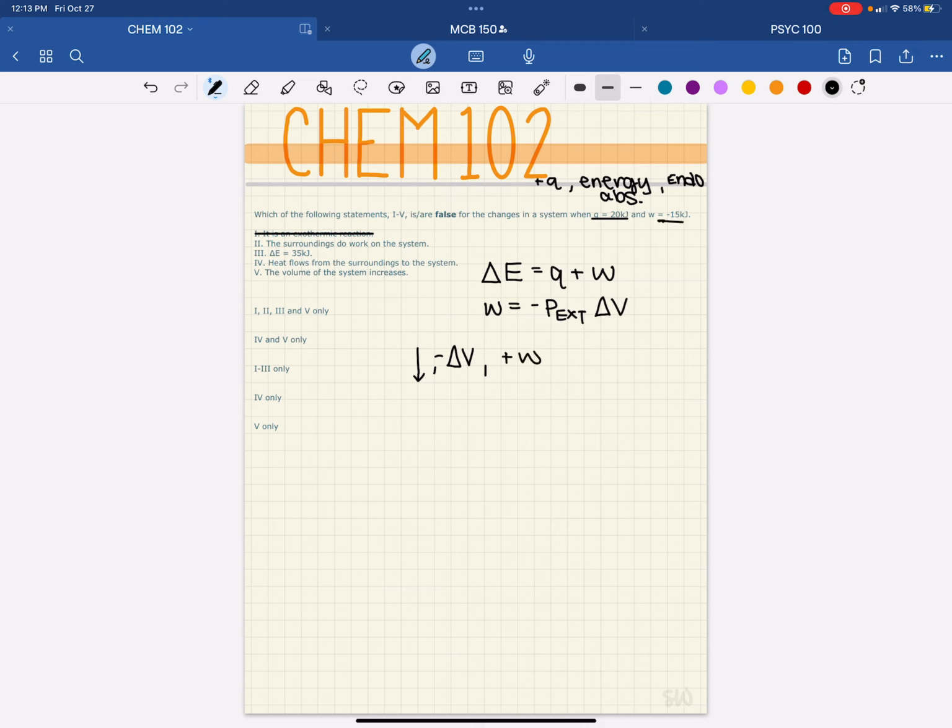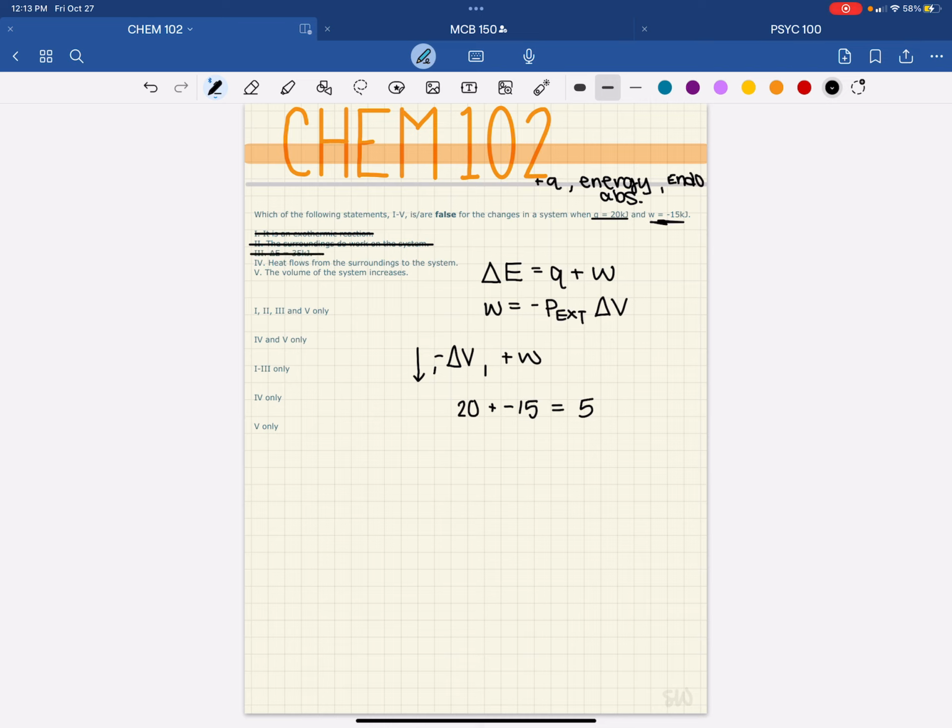Work is not positive here. Therefore, we know this one is wrong. Delta E equals 35 kilojoules. Q plus W equals delta E. We know that Q is 20 kilojoules. We know that W is negative 15, which gives us 5, not 35 kilojoules.